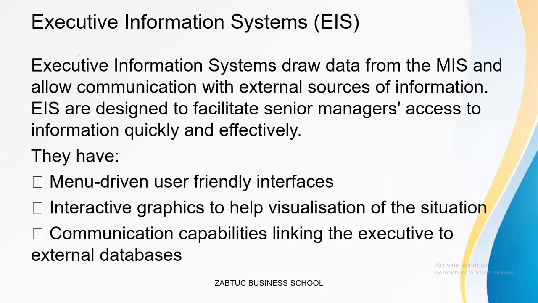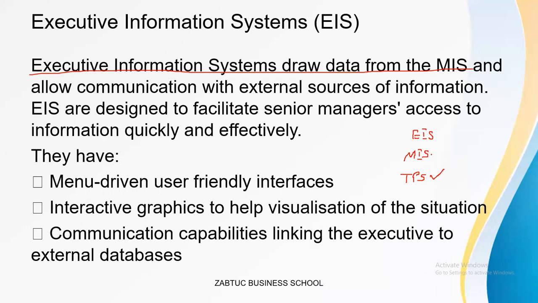Let's graduate to another one, an executive information system. An EIS draws data from the MIS. So you see, we started down there in the organization at operation level, TPS, MIS, now we have the EIS. This one was for our operations staff.